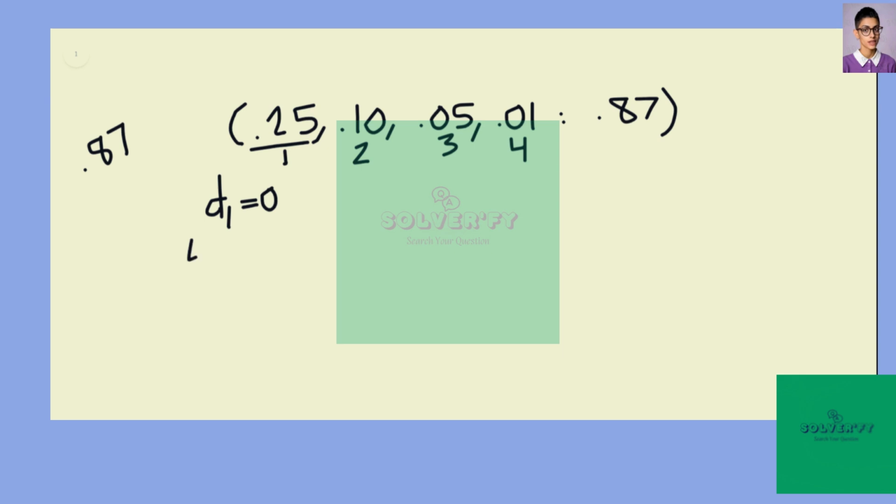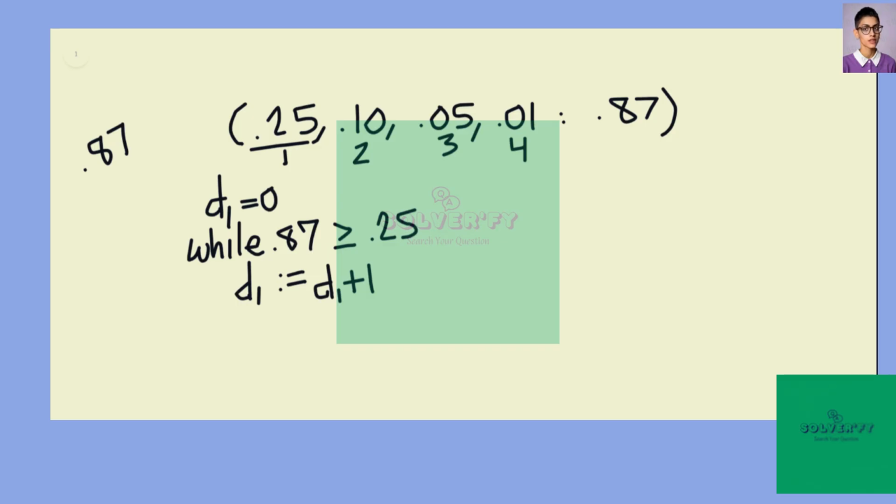Then we'll say, while our goal of 87 cents is greater than or equal to 1 quarter, we're going to add 1 to this counter.